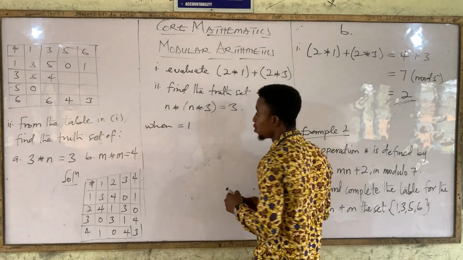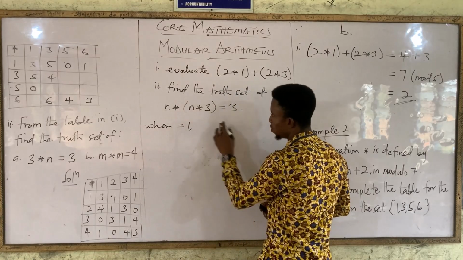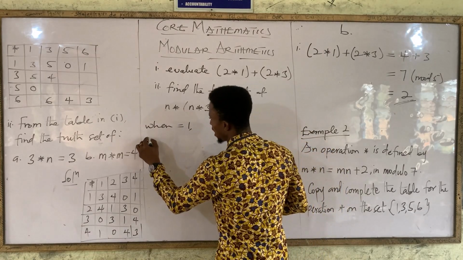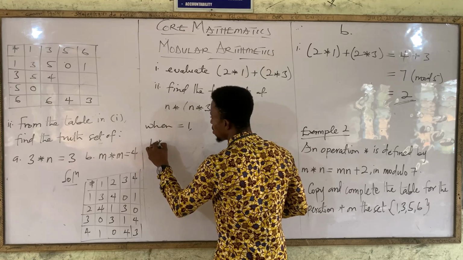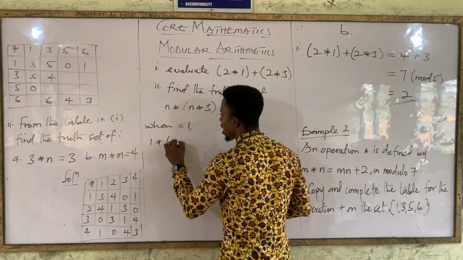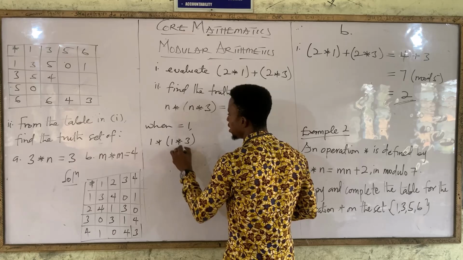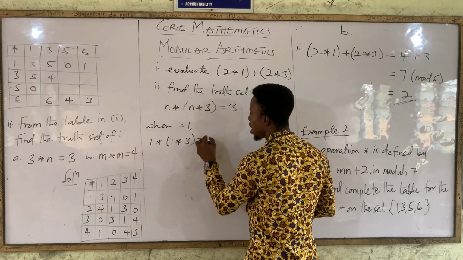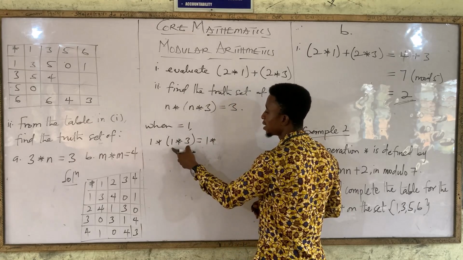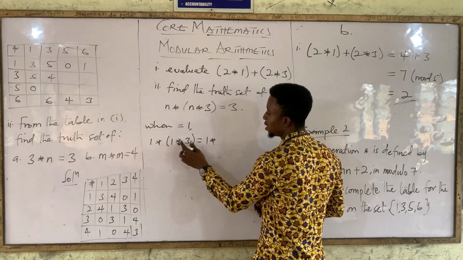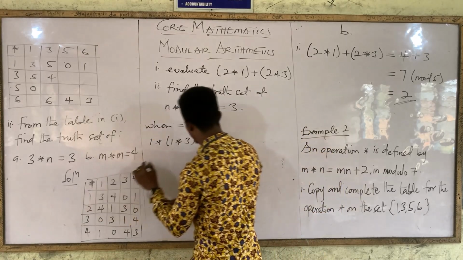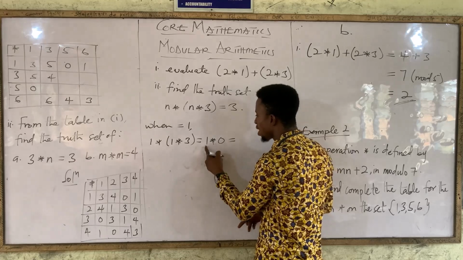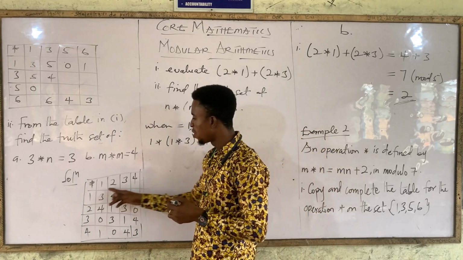So when n is equal to 1, what is it getting us? We can say that it will get us 1, then star, into bracket 1 star 3. Then solving this one will get us 1 star 3. 1 star 3 is getting us 0. Then 1 star 0, we have 1, we don't have 0 here.